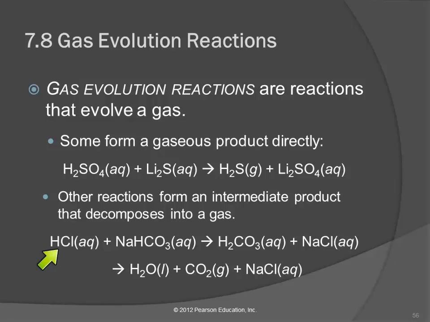And so here, if we have hydrochloric acid and sodium hydrogen carbonate, which is baking soda, when you react this acid with the sodium hydrogen carbonate, you get carbonic acid forming and sodium chloride, but the carbonic acid is not stable, and it decomposes into water and carbon dioxide. And so that's the fizzing that you see. And one of the reasons that you use baking powder or baking soda in baked goods is because it causes that fizzing, and that causes the baked product to be lighter because the gas helps to spread it out.